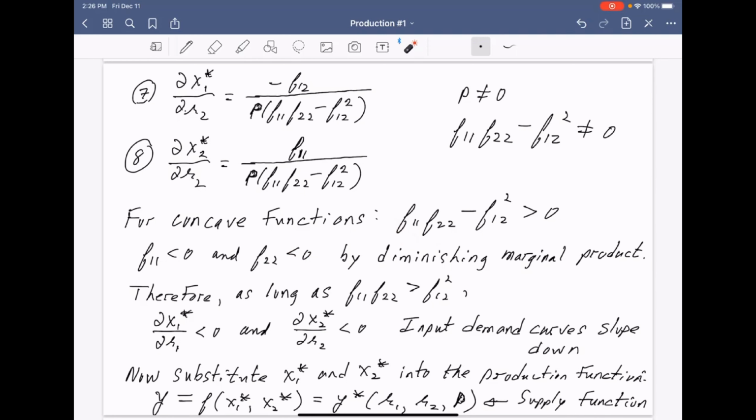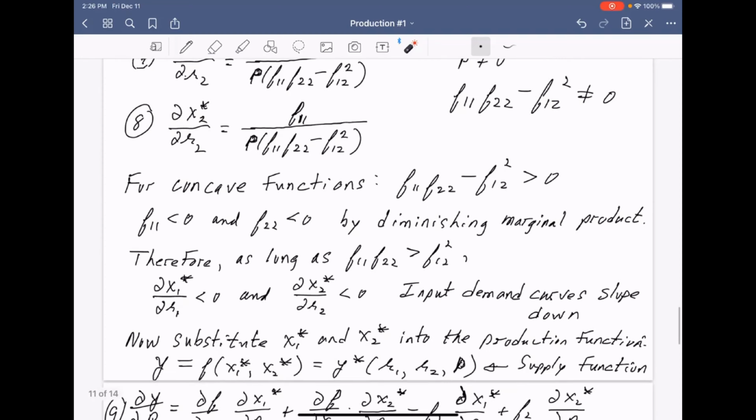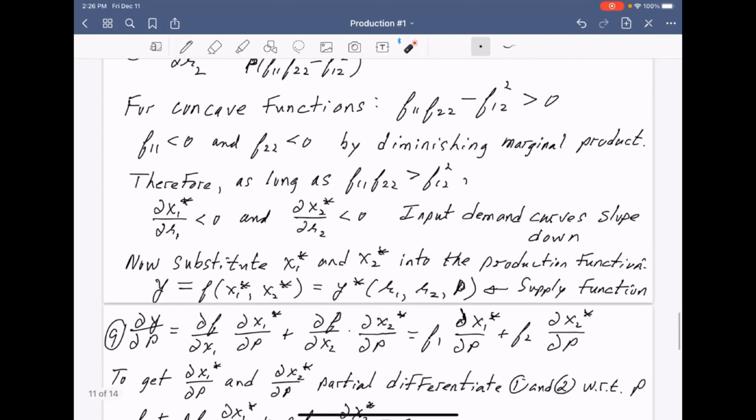Multiplying a negative by a negative, this is a positive number. This is also a positive number. So as long as F11, F22 is greater than F12 squared, we find that the input demand curves are sloping down, showing the less than sign there.